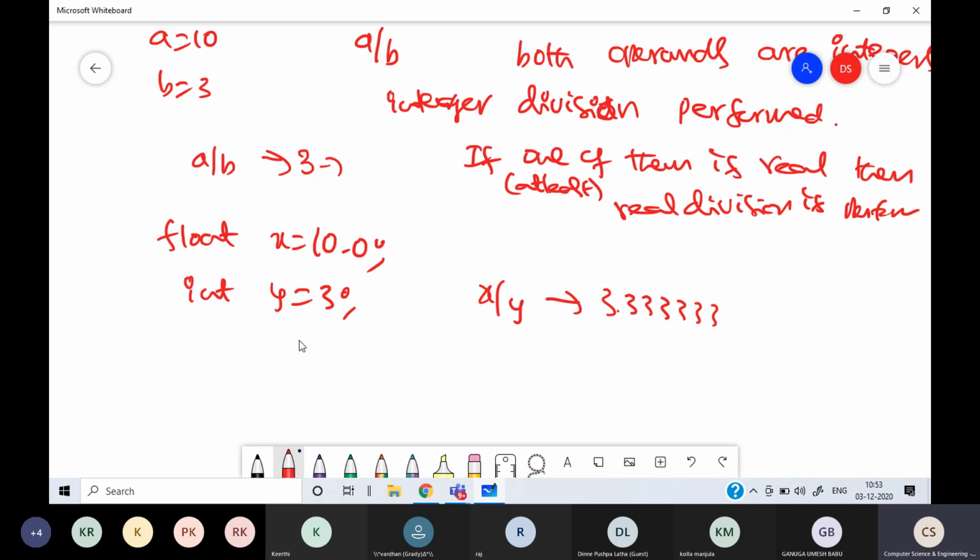If it is 0, then division by 0 is infinite, so the computer cannot perform it, throws an error, and the program is terminated. So the second operand must not be 0. These are the points to note in the case of the division operator.